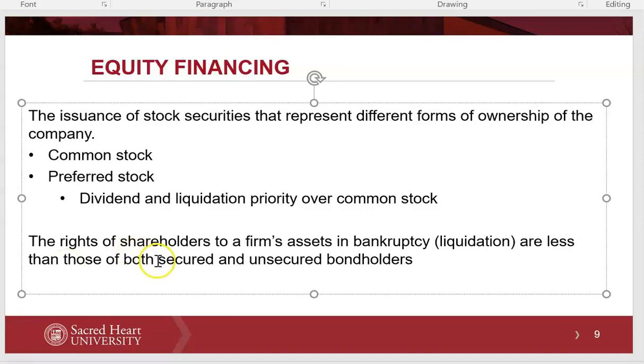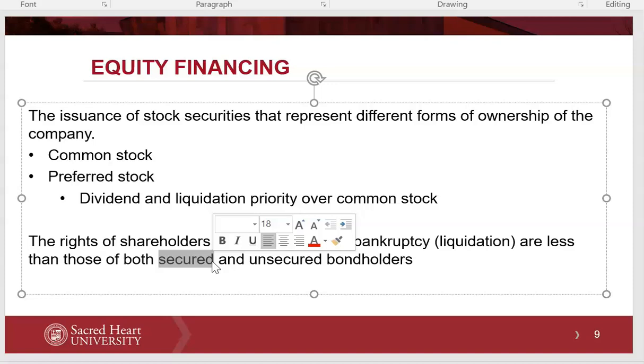So what are we saying here? In the event that the company runs into problems paying off its bills and it's starting to run into a risk of bankruptcy, in that case, the secured bondholders come first. Remember, secured means that some assets are pledged. If the loan payments or interest payments can't get made, the lender can come in and take perhaps that underlying building or equipment that's being financed.